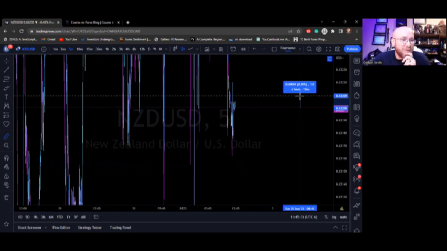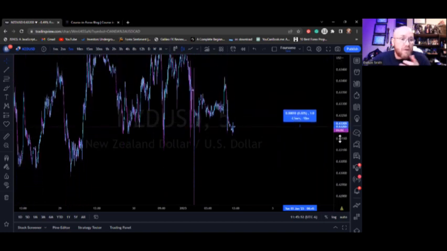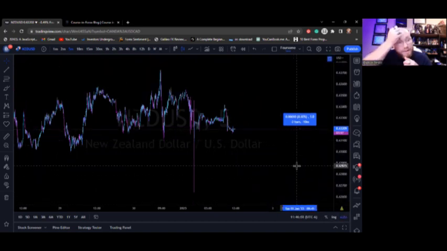Okay, so 1 pip is the 4th decimal point, moving one new number, okay, on this chart. So if we were to say our pips were worth $1 a piece, we would make or lose $1 if the market moved this far, which you can see on an auto chart is practically nothing.